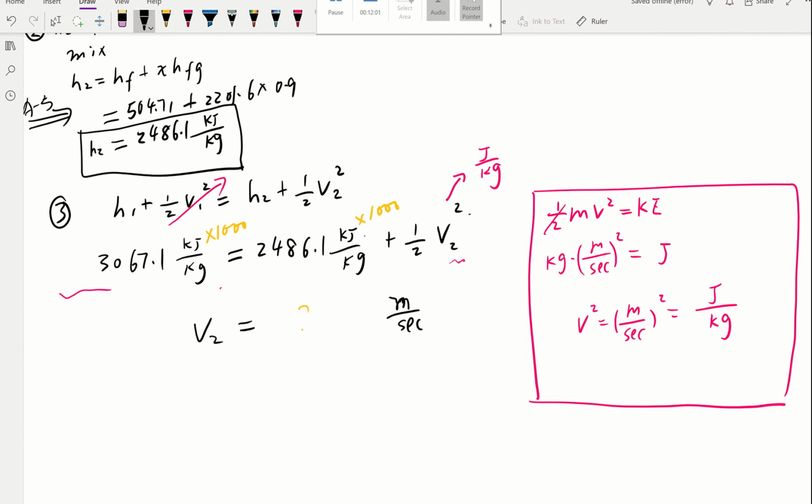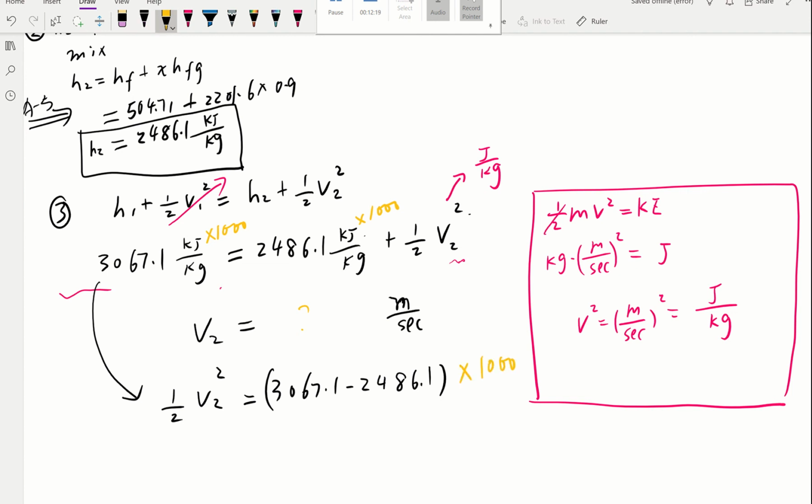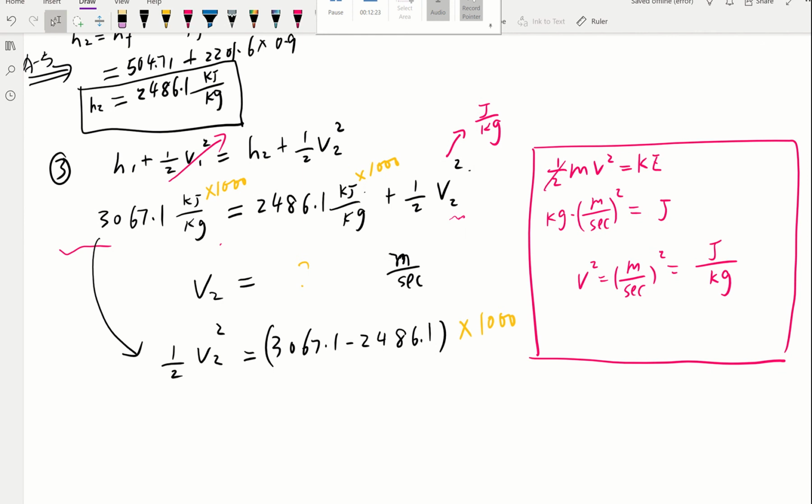So let's go ahead and solve this. Half V2 squared is going to be equal to 3067.1 minus 2486.1, and we're going to times that important 1,000. If we don't, the answer will be quite incorrect.